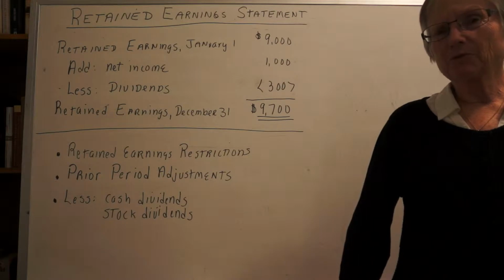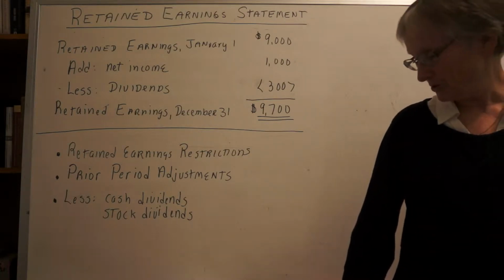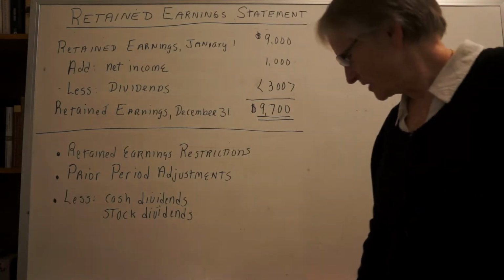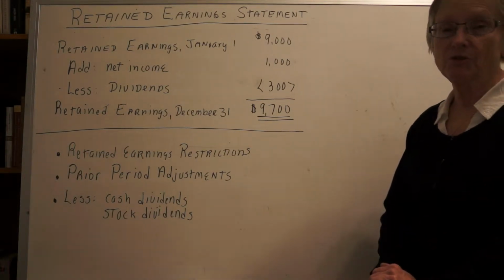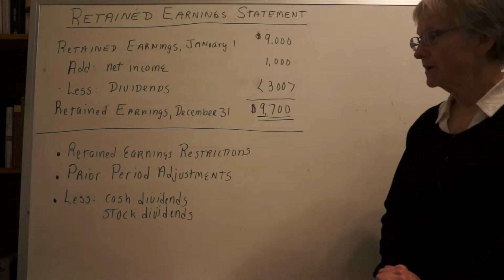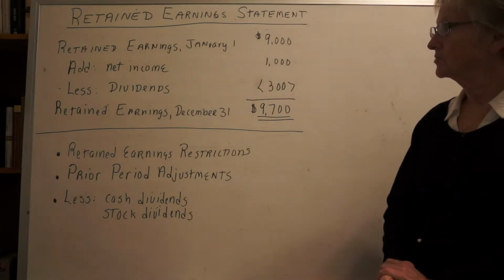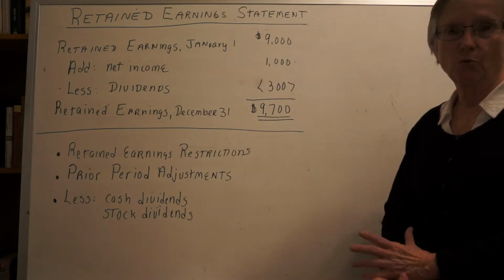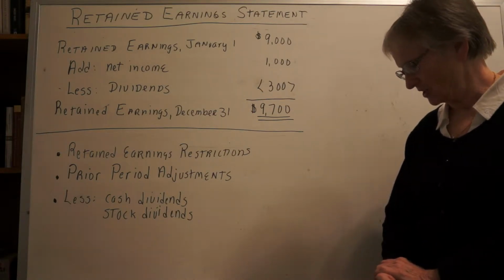And so they'd prefer not to be signaling to their stockholders that they have an overabundance of retained earnings available for distribution as dividends. So usually restrictions are reported in the notes to the financial statements, and on your retained earnings statement you would just say see note 1, or whichever note it was about the restrictions.